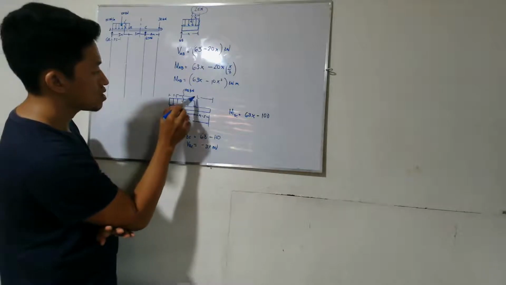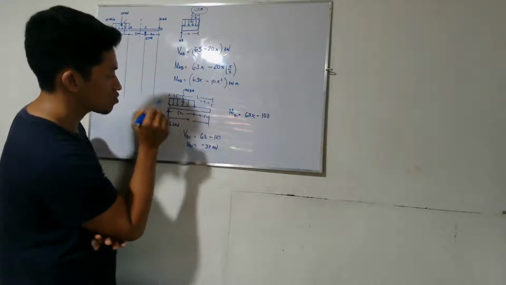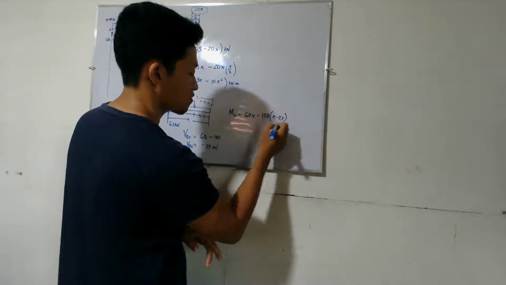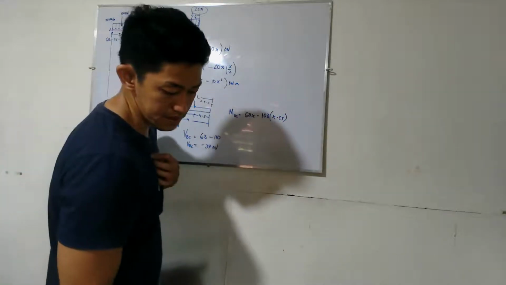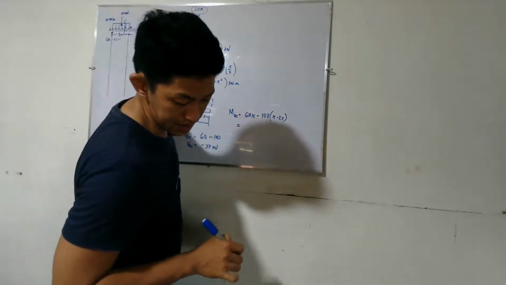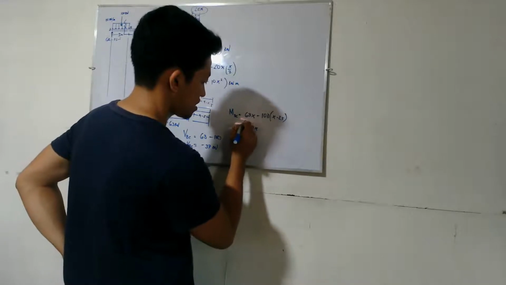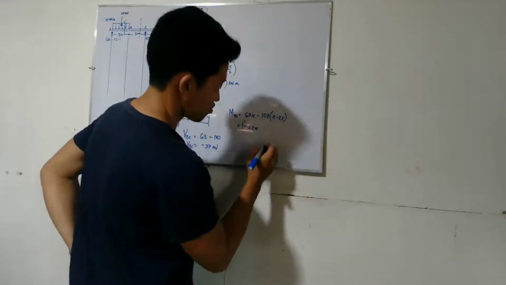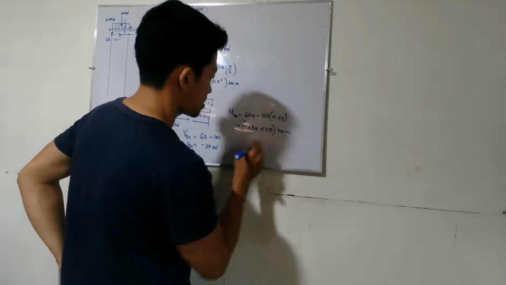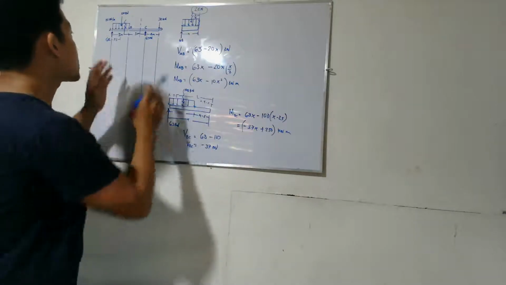So it follows nga kani di ay ang L is x minus 2.5. X minus 2.5. Tama ba? Okay, tama. Ang answer ani will be negative 37x plus 250, unit kilonewton meter. Okay. Naa na tay equation for BC.